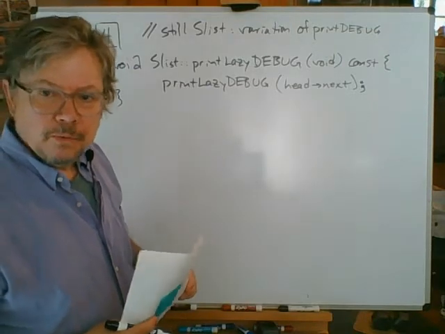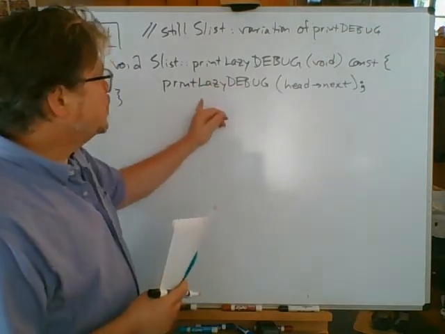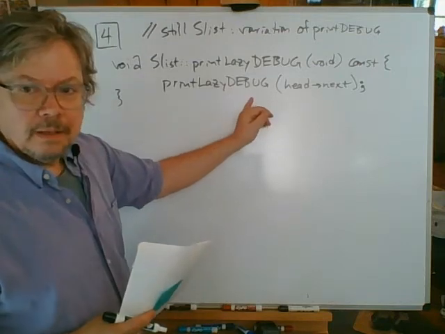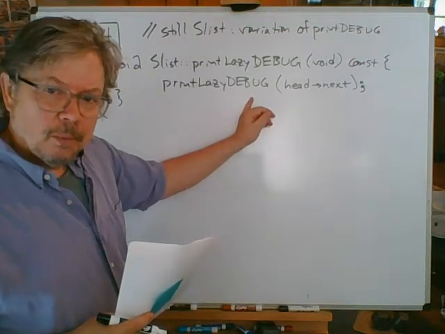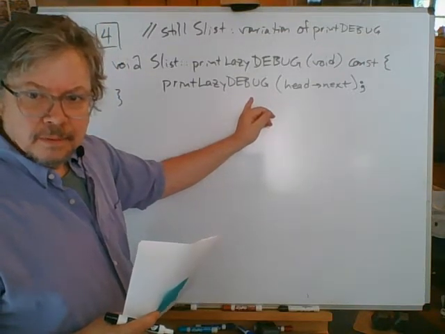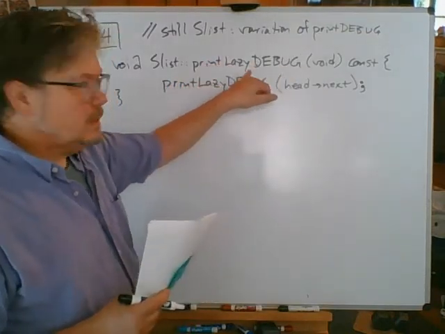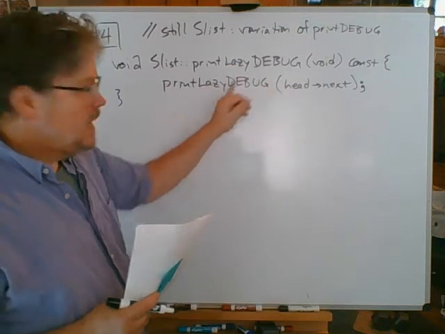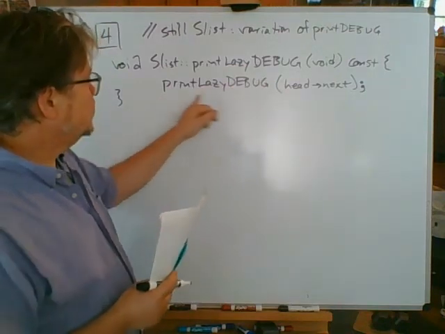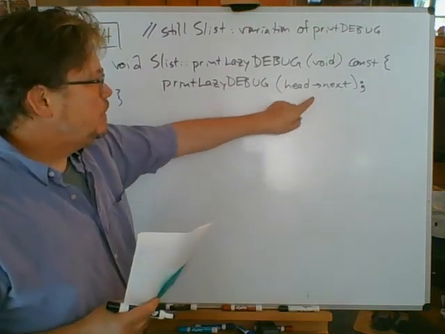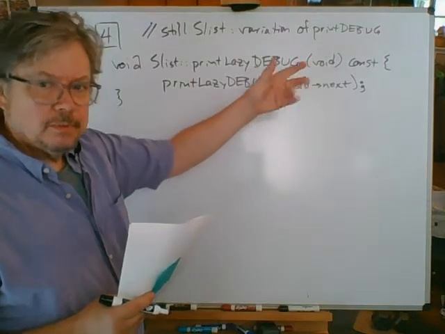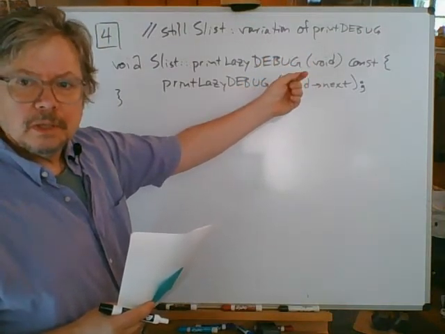The compiler figures out which version of print lazy debug I'm calling by looking to see what parameters I pass in. If I call print lazy debug from the main program with empty parentheses, it knows I'm talking about this one. I'm going to have to write out another function called print lazy debug that accepts one parameter. If I had one with 2 parameters, it would figure that out separately as well.